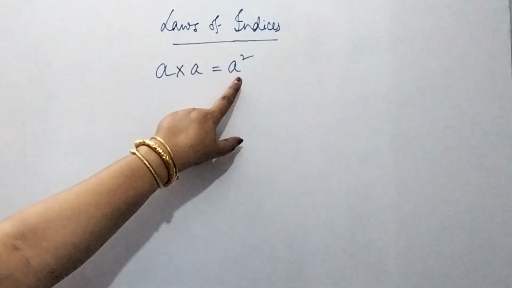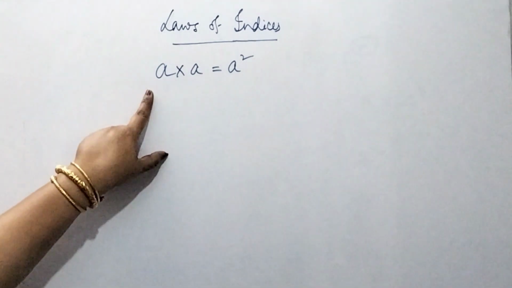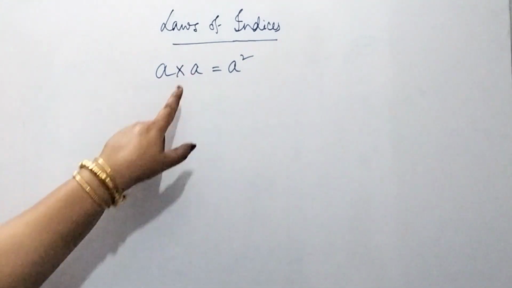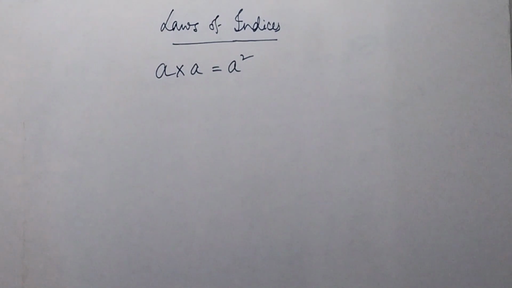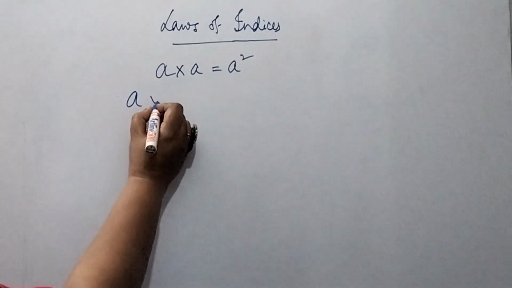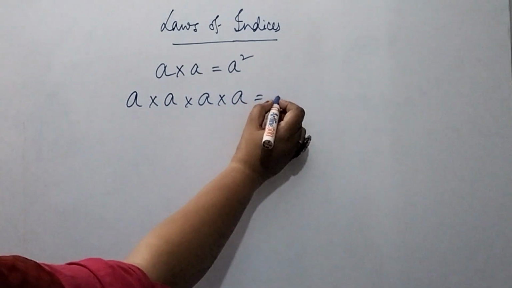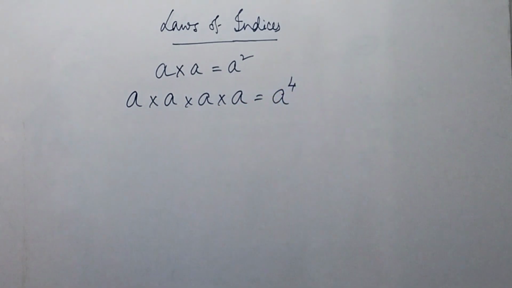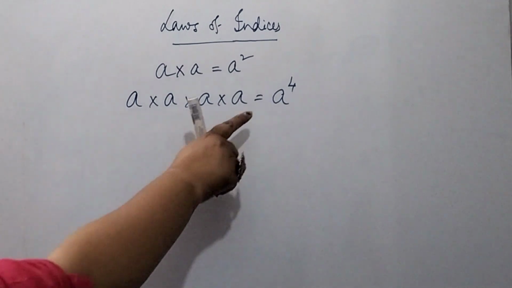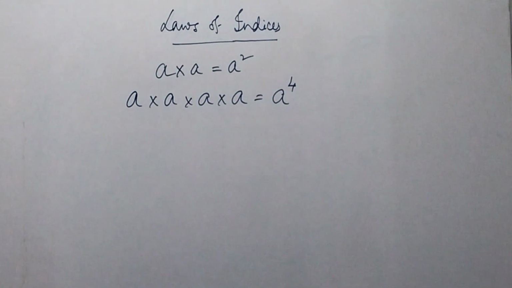And make sure that this can be written only if these bases are the same. Similarly, if we consider a into a into a into a, how will you represent it in the index form? As a to the power 4. Here a is the base and 4 is the index.